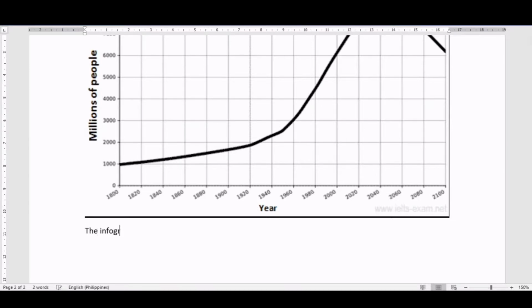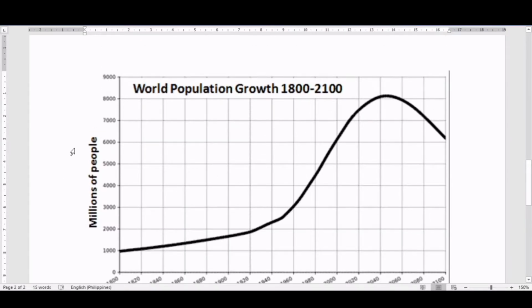The infograph reveals world population trends beginning in 1800 with projections towards the next century. So that's my introduction. Maybe we can mention these as well.